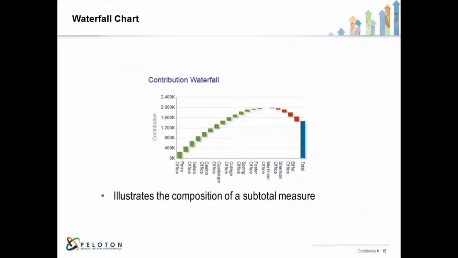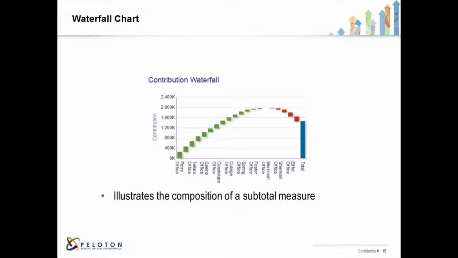Next capability, the waterfall chart, is also new in 11.1.1.7. So the waterfall chart essentially communicates the composition of a subtotal measure and the contribution of all the pieces to it. So in this example, we've got a total bar in blue on the right, and what we are looking at is the contribution of various offices to that total.